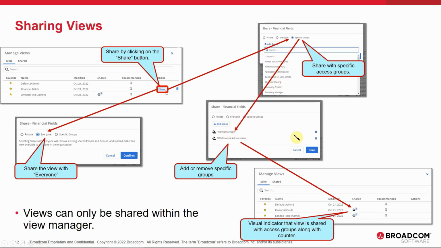They can also use the delete button to remove an access group from this view. And once they click on done, they would see under the Shared tab the icon that this specific view is shared with groups. So they see the group icon and a counter showing how many groups this has been shared with.